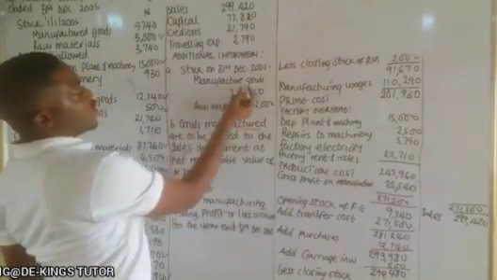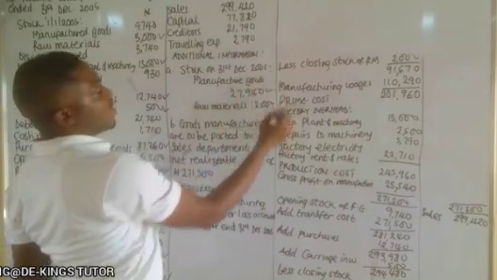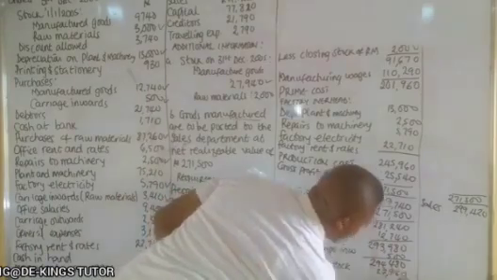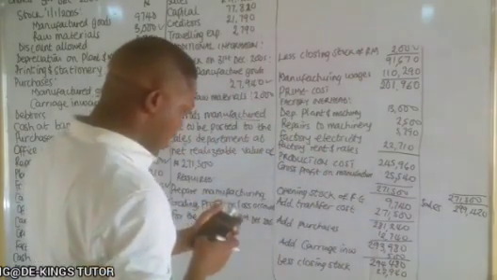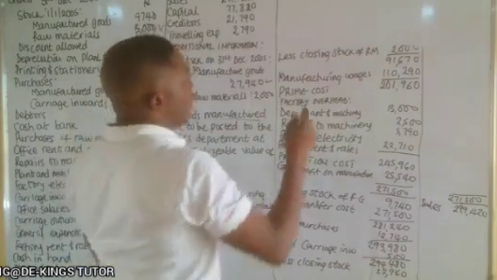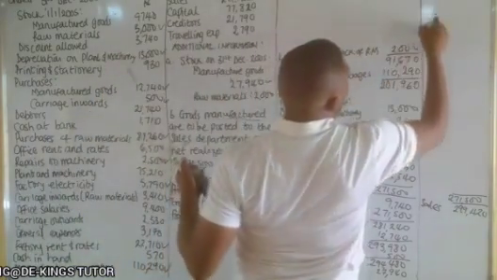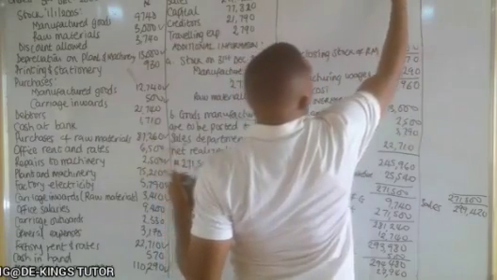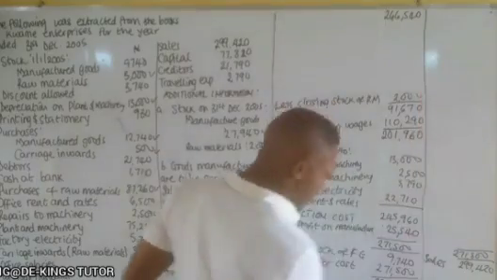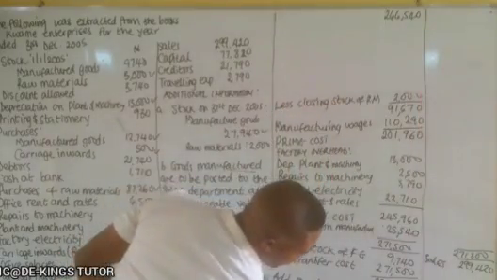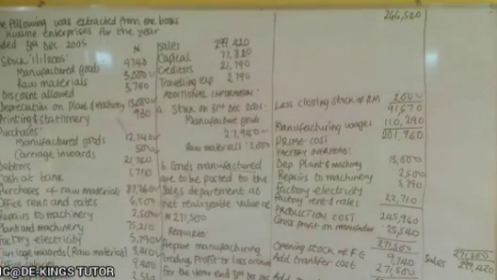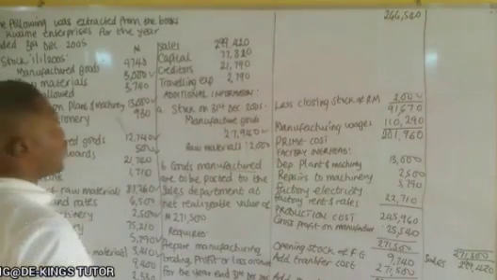That's the one we have by adjustment. Closing stock of finished goods, 27,940. Minus 27,940, we'll have 266,540. Now remember, this is a continuation of what we are supposed to have here, but there's no space. 266,540 becomes the cost of goods sold.